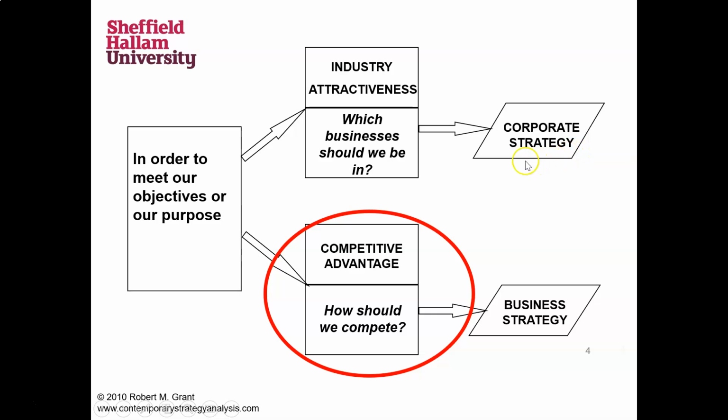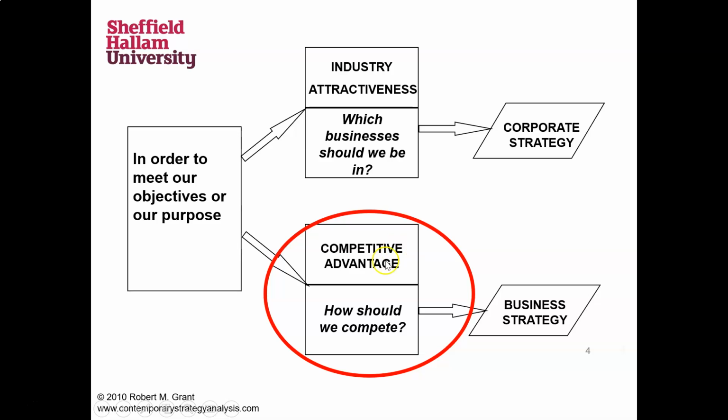So this is about what areas of business do we move into, what areas of business do we move out of, and how do we move into new areas of business, and how do we move out of existing areas of business, and which areas of business should we decide to stay in. So this is very much about directions of development. So corporate strategy is about what directions should we move in, whereas business level strategy is about, well, within our current business, how should we compete?